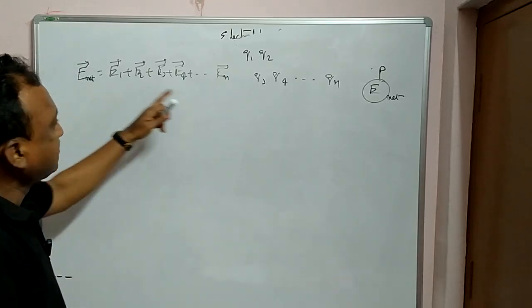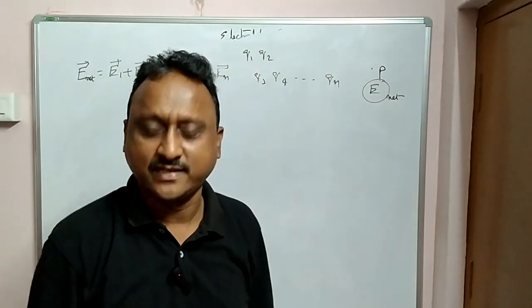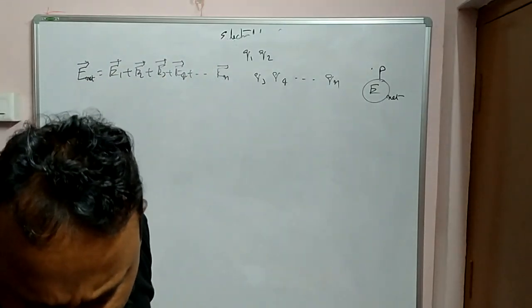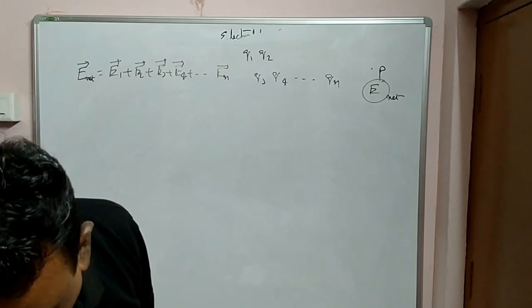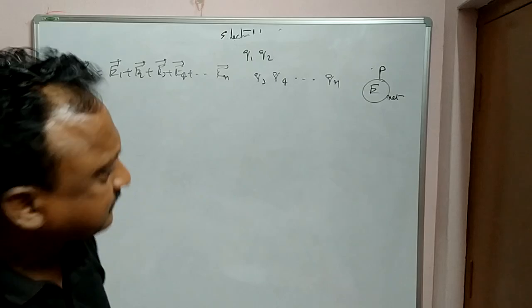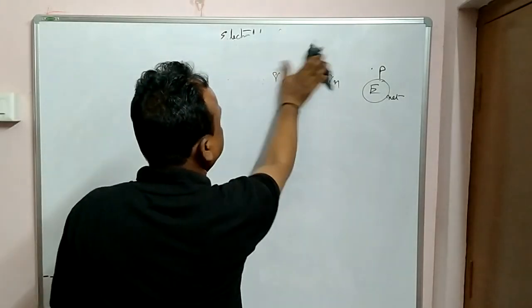Okay? So this is how the net electric field intensity is obtained. This can also be called the principle of superposition. Okay? It is also called the principle of superposition. Clear?